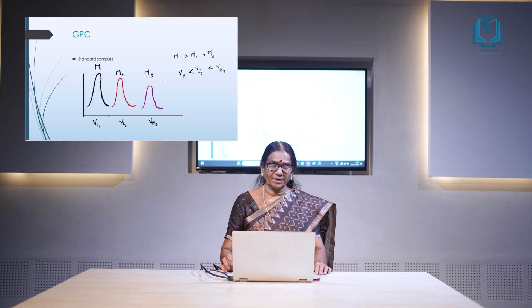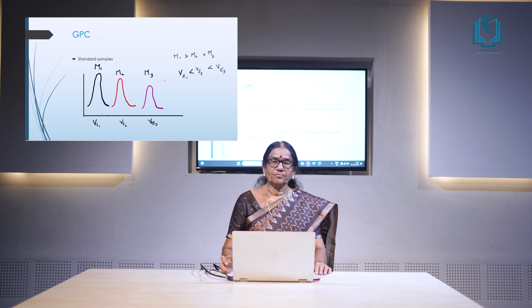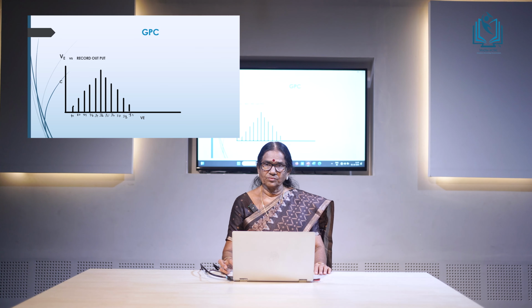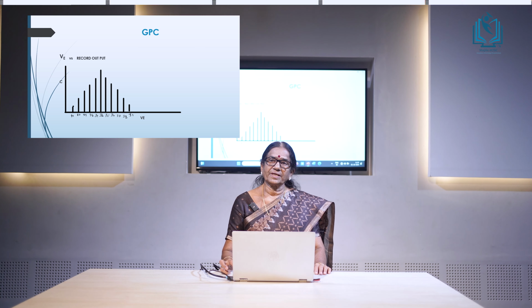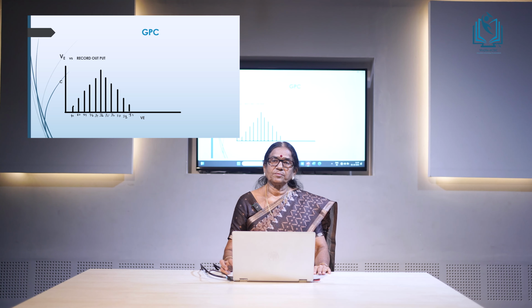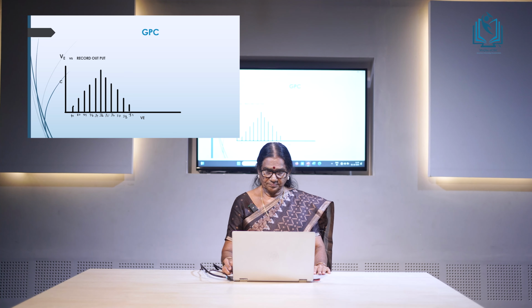Now we plot a graph between VE and concentration, and then we get the molecular weight distribution graph. You can see that small molecules have low concentration. Similarly, the large molecules are also very few in number. The intermediate molecules are larger in number. So, this is the molecular weight determination.